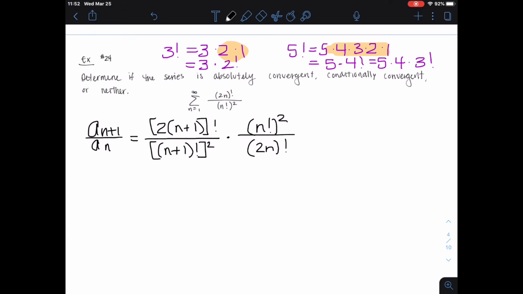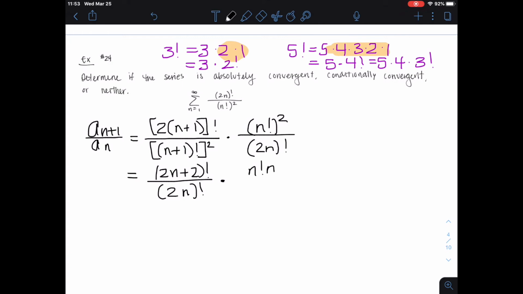What I'm going to recommend doing is grouping the like pieces. So we've got this 2 times (n plus 1). That's really (2n plus 2) factorial. And the piece that was similar to it is the (2n) factorial. Okay? Now in the top, I have (n factorial) squared.